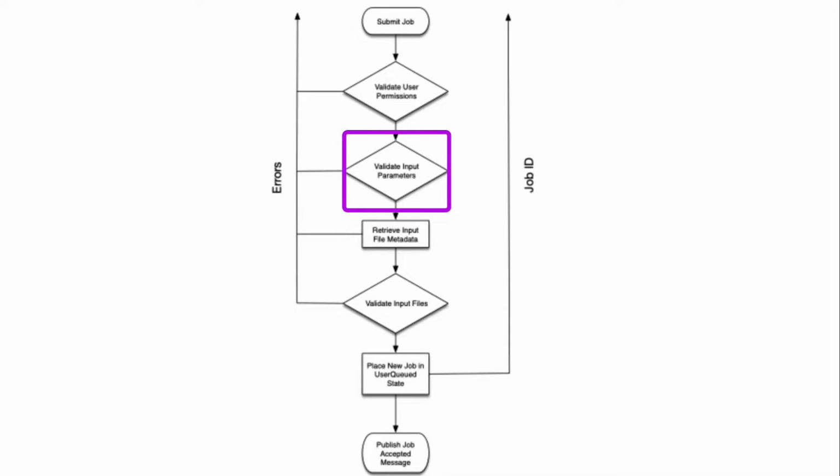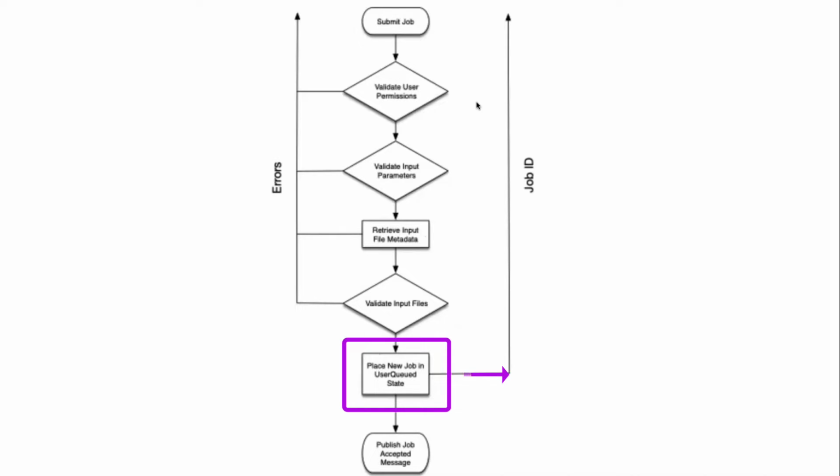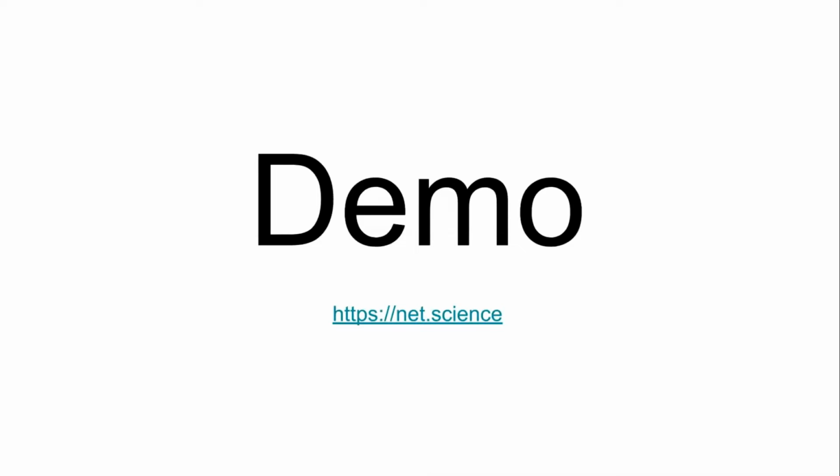We validate the input parameters match that of the input schema. Then we retrieve the input file metadata and validate the input files are accessible and of the appropriate type for this particular job. And after those have passed, we put the job in a user queued state and return the job ID, and then it runs through the states that we mentioned. So that's the basic idea of the system from my slide perspective.